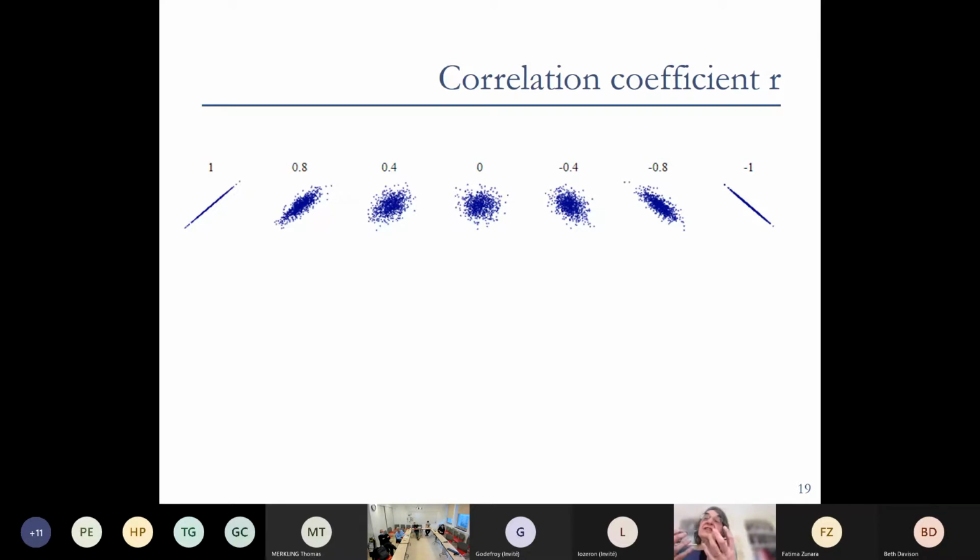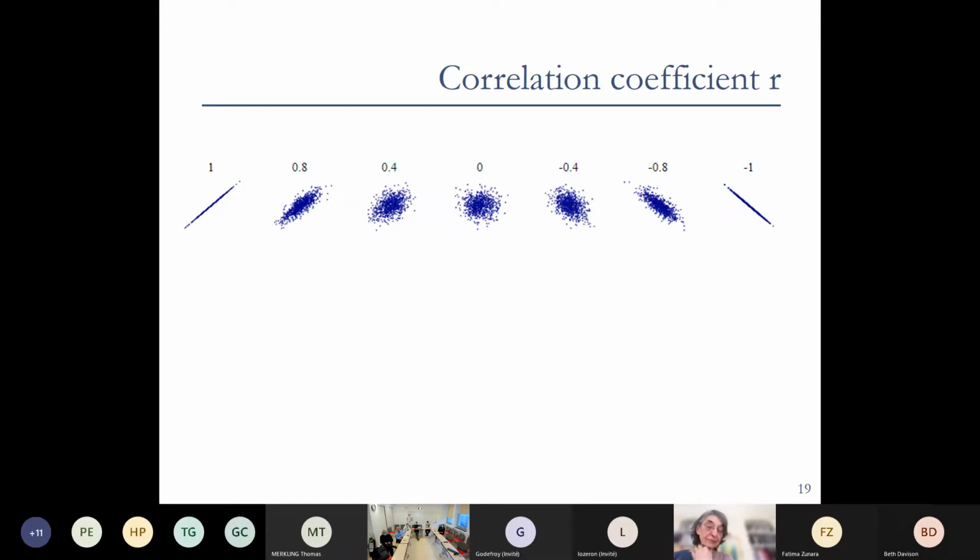When my correlation is down to 0.4, the eye is having a little trouble seeing that there's a tendency, but if you look carefully, you can. And at 0, there's no relationship between your x and your y. And then the other 3 to the right are in the other direction.